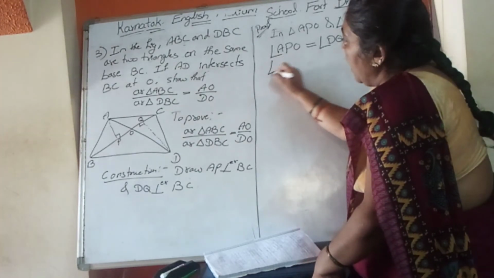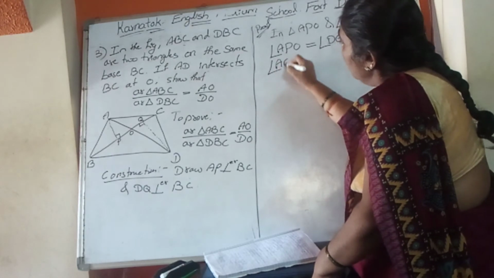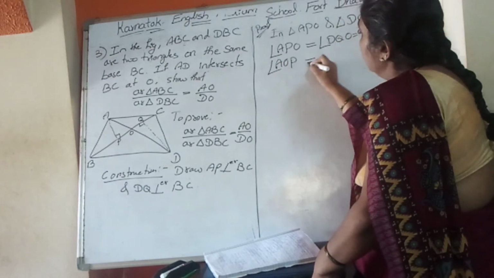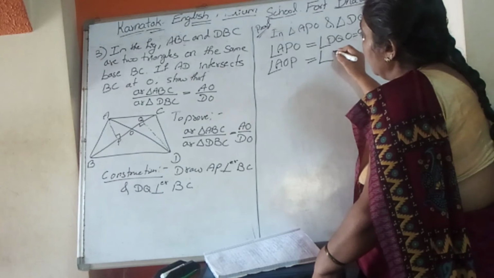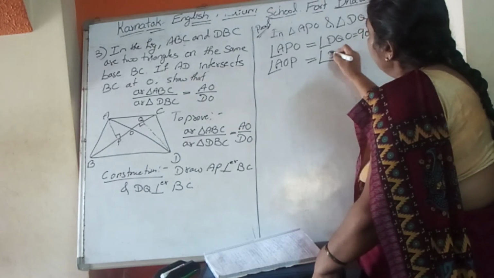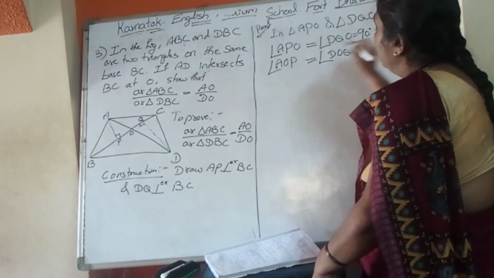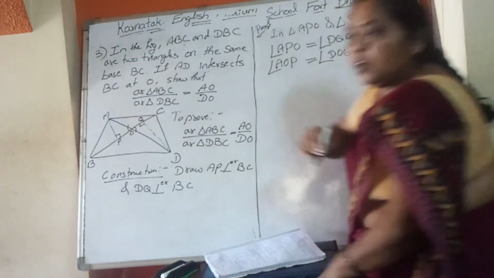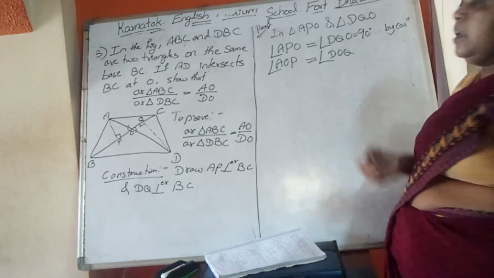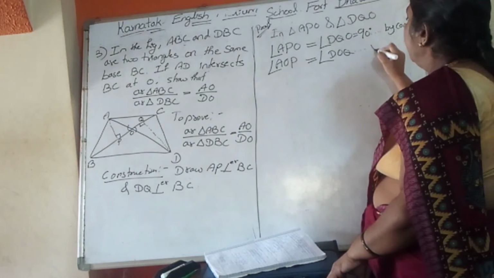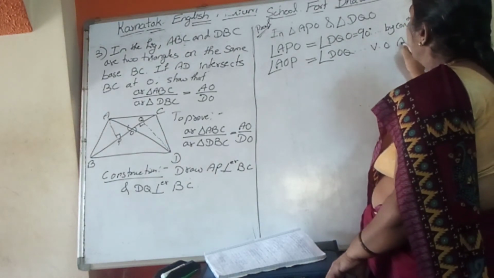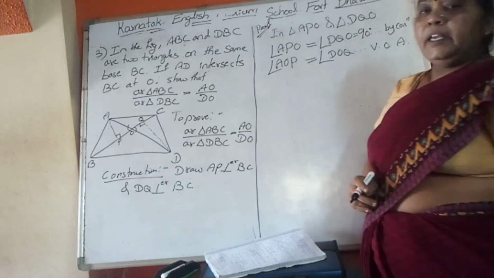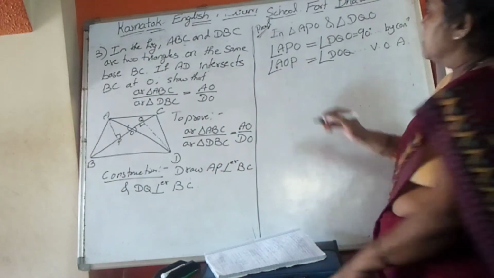And angle AOP equals angle DOQ. Why? This angle and this angle. Why are these two angles equal? Because of vertically opposite angles.